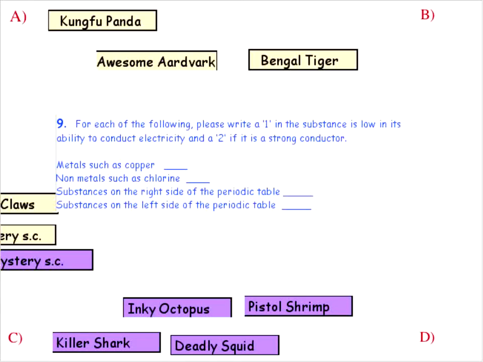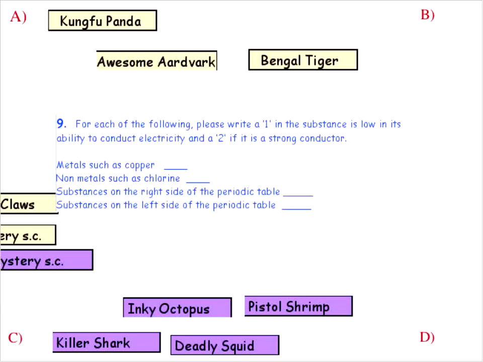Okay, so remember, Deadly Squid, you're still playing for... Oh yeah, I guess we can't choose. Yeah, that's right. Okay, so Killer Shark. Yeah, there's bad stuff going on there, eh? Okay, so far we have 3 guesses.